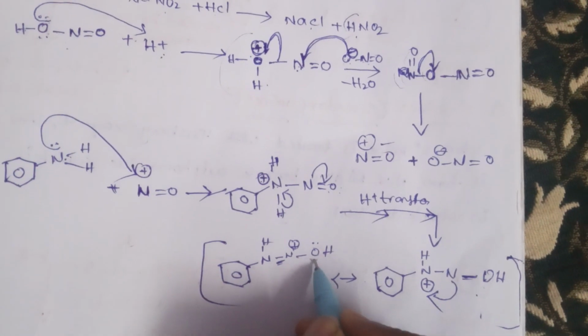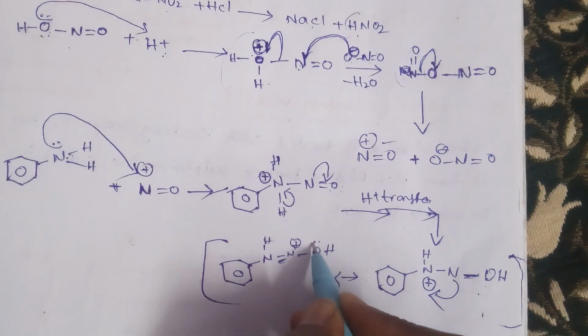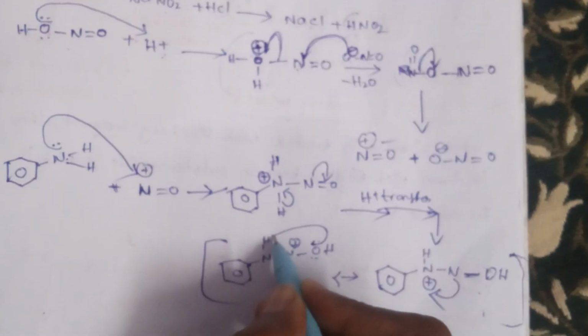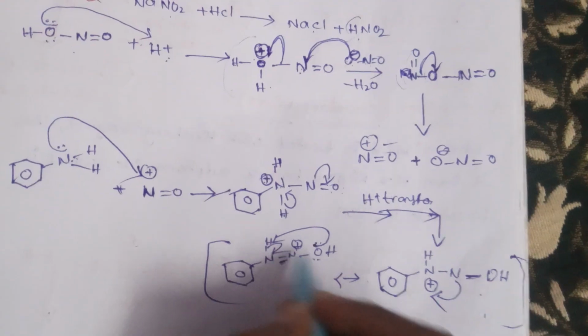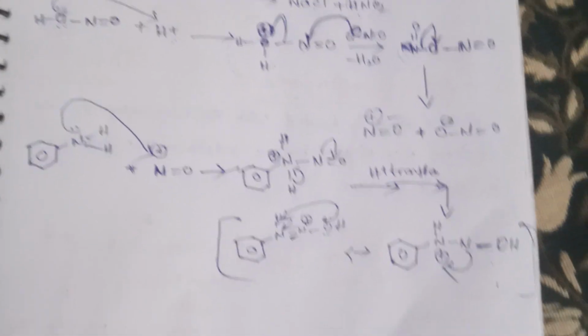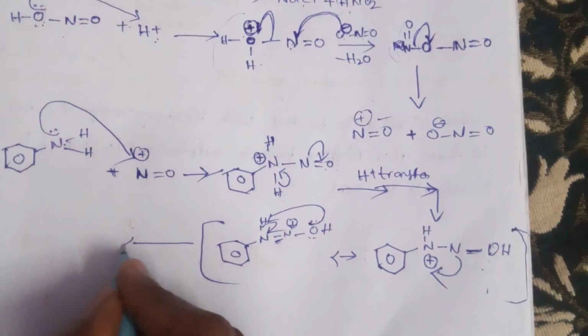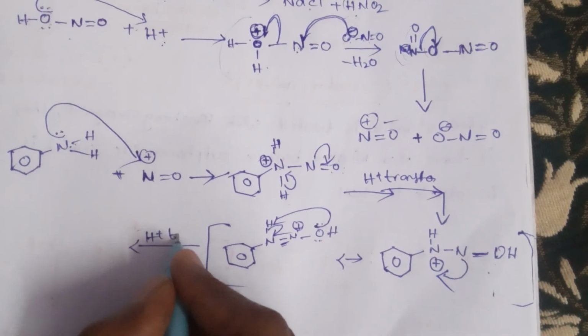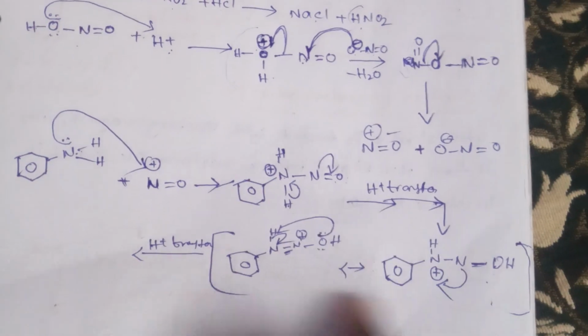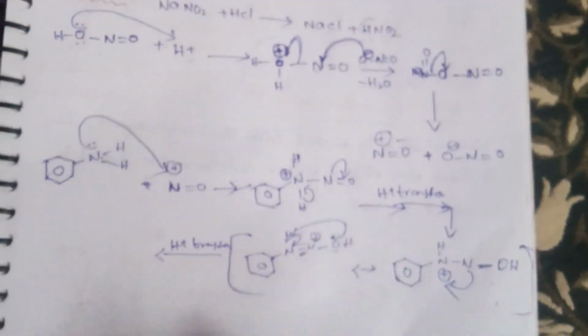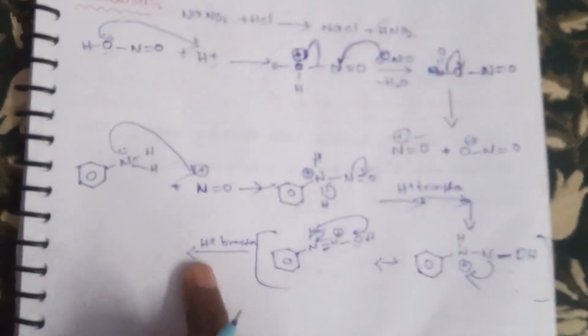This lone pair reacts with this hydrogen and the bond break is between hydrogen and nitrogen. So again H plus transfer, proton transfer. These both are resonating structures, so that's why I took this. So again H plus transfer.